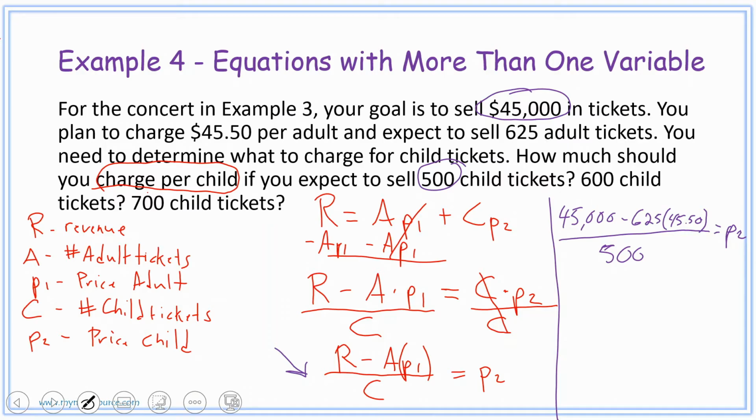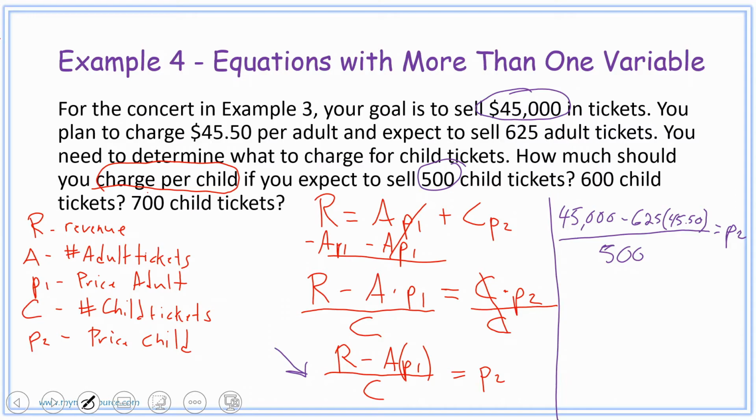All right, so the beauty of Algebra 2 is that you can use your calculator. You can decide to work that out by hand, or you can work it out on the calculator. So that's 45,000, subtract 625 times 45.50, all divided by 500. Okay, so that's going to give us $33, and you're going to have to round it.